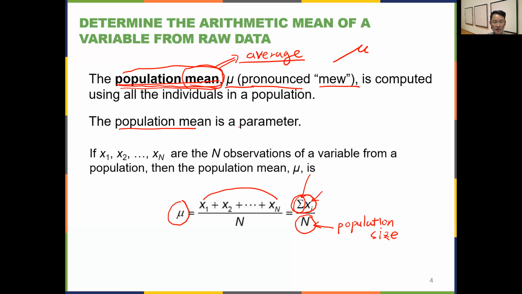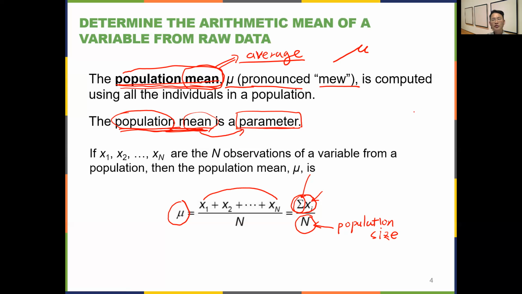Population mean is a parameter value. If you remember our chapter 1, we talked about parameter value. Parameter is any type of result that we extract from the entire population. So if you get the average from a population, which is called population mean, what kind of value is that? That's a parameter value.